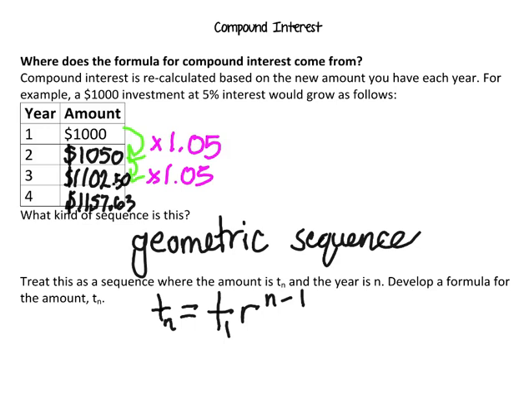So if I plugged in all the values that I have here, then Tn would be 1,000, the $1,000 I start with, times the multiplier. Every year I'm multiplying by 105% as a decimal, that's 1.05, to the power of n minus 1. So that would be my formula for how much I have at this nth term.